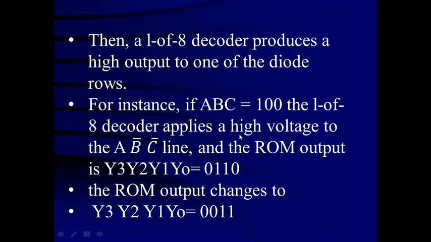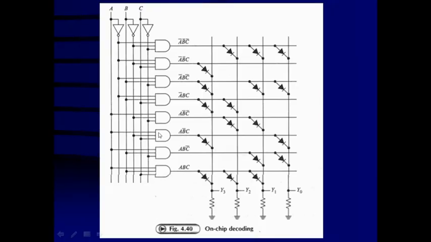So this is your address or location, and this is the data stored there. The ROM output Y3, Y2, Y1, Y0 changes if the input address is changed.